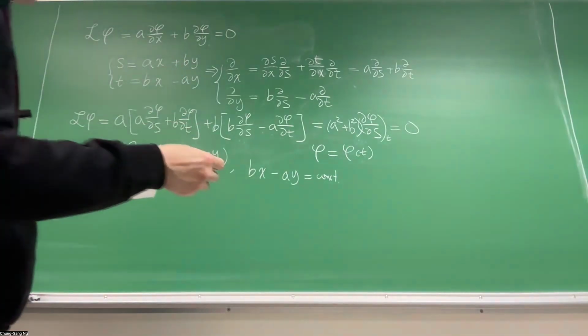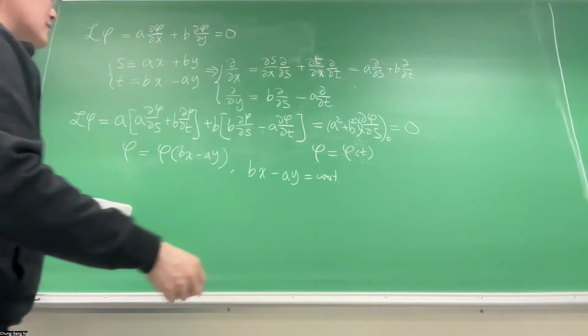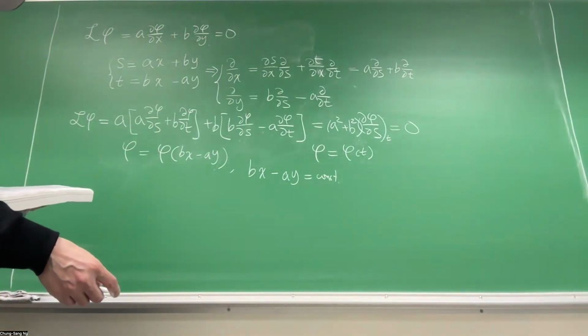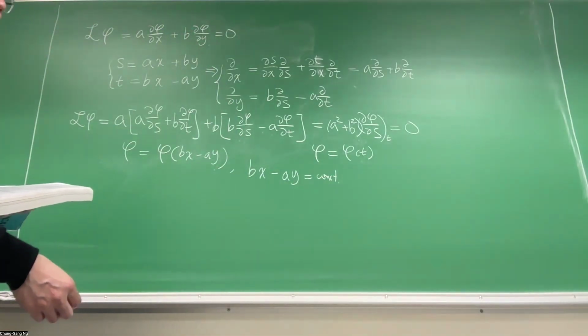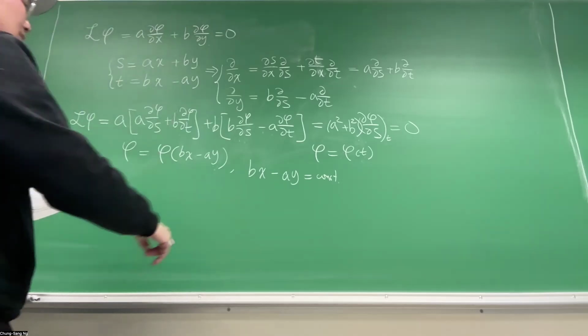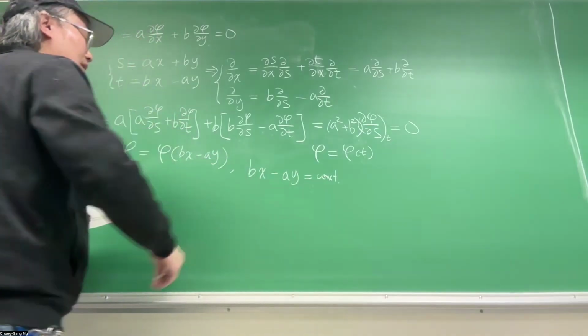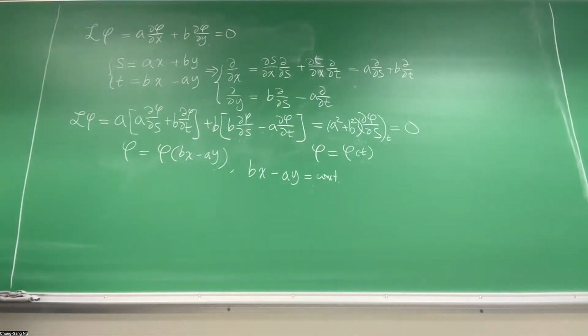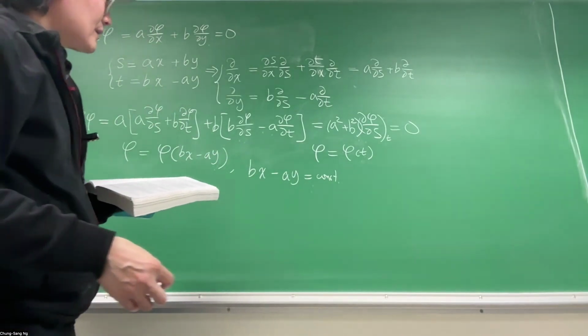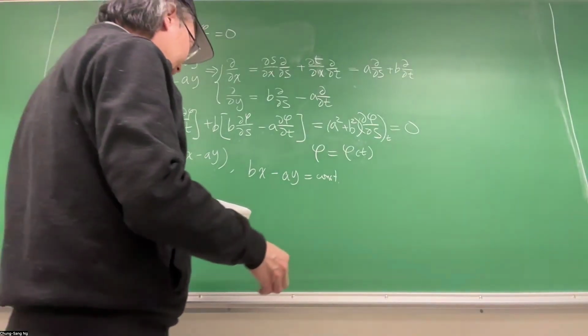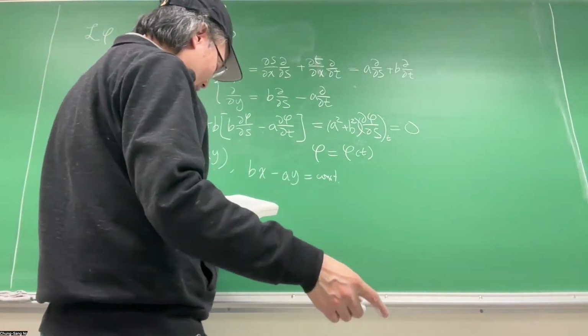And in this case, obviously, this is a constant coefficient, so that becomes a straight line. This generally represents a line, and in this case it is a straight line, and that's called a characteristic. The line is called a characteristic or characteristic curve.